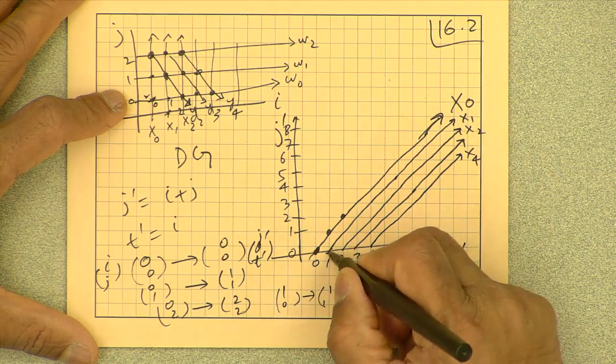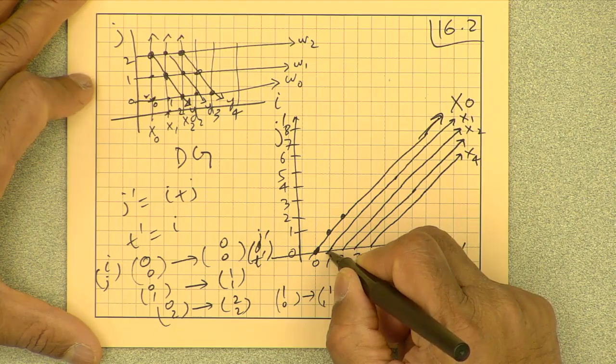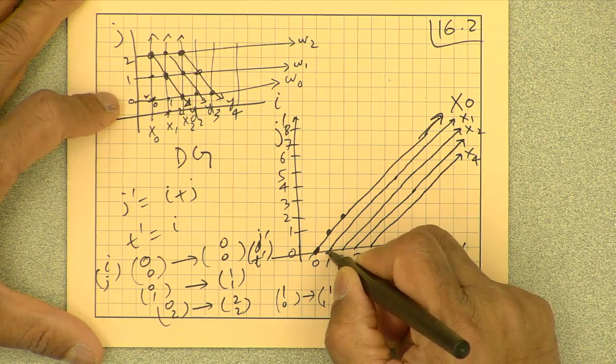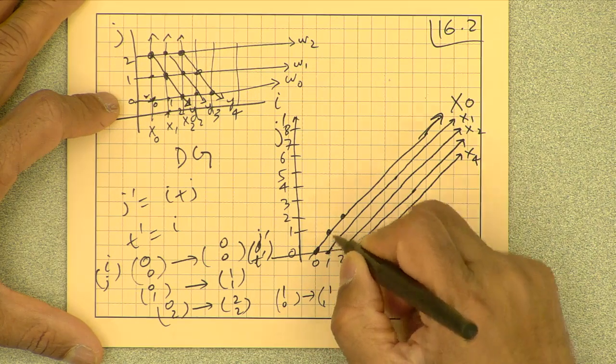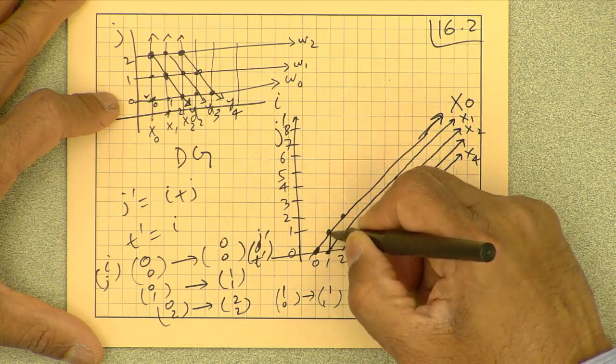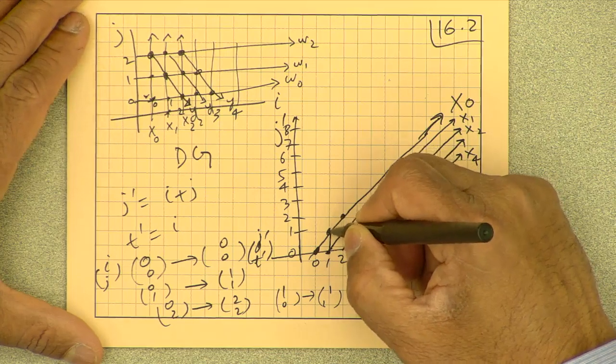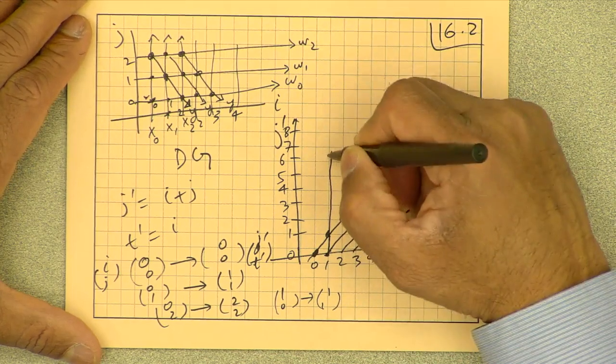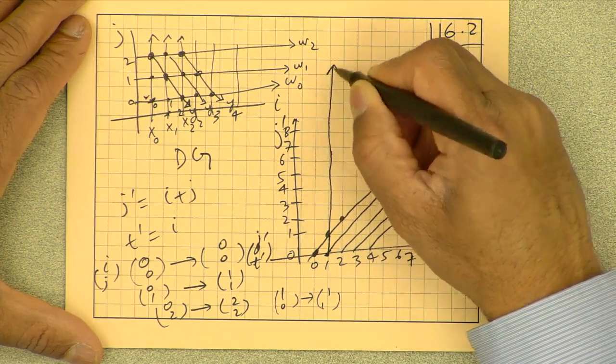So 1, 0 is here, and 1, 1 is here. That suggests that now the weights are going up.